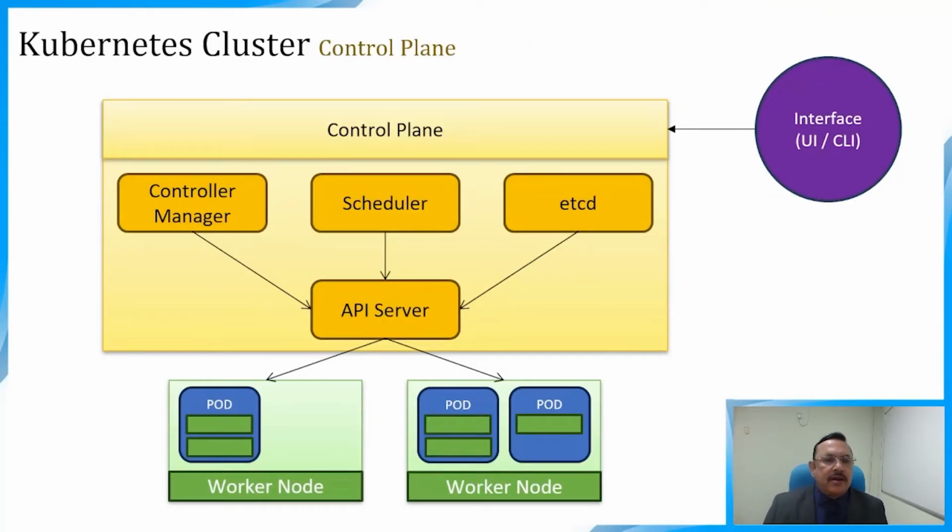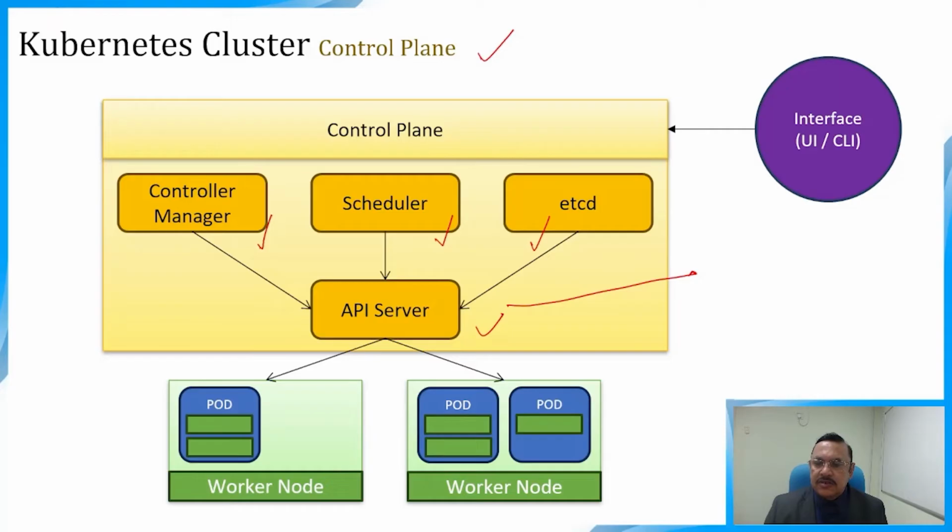Now, going into more detail about the Kubernetes control plane. The control plane consists of a number of core components: the API server, etcd, the scheduler, and the controller manager. The API server is the primary interface between the control plane and the rest of the cluster.